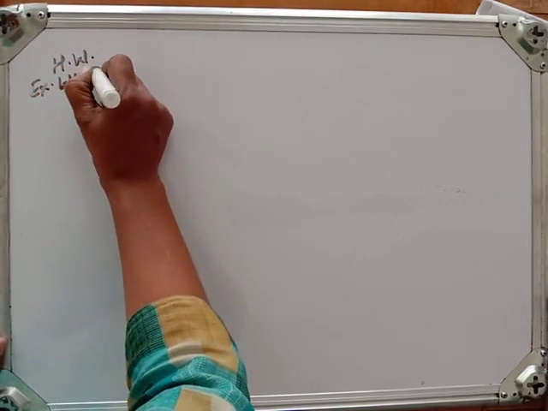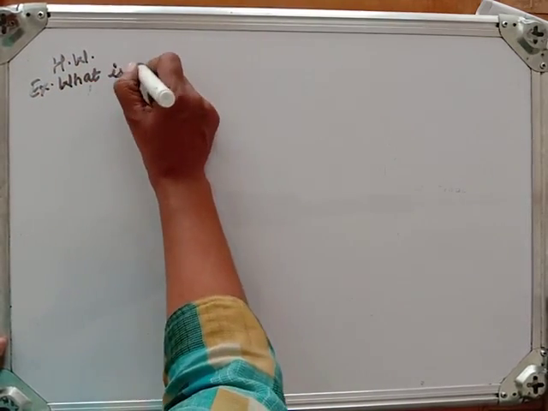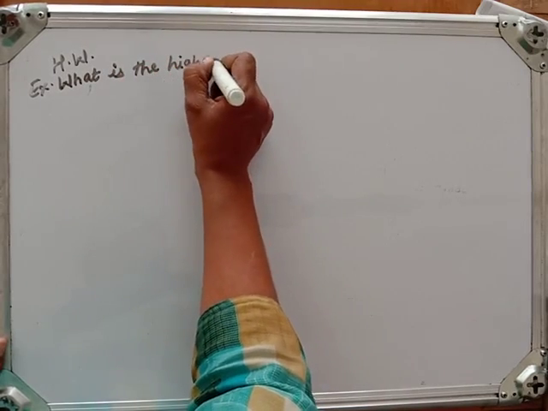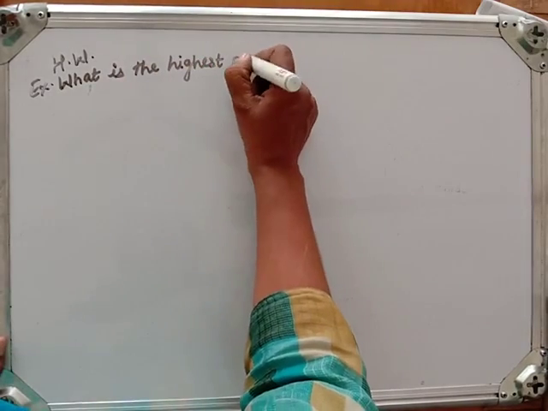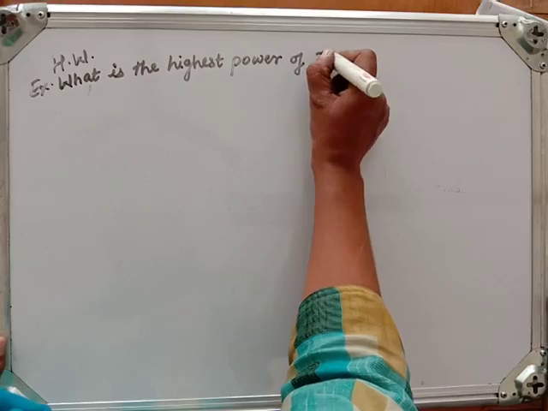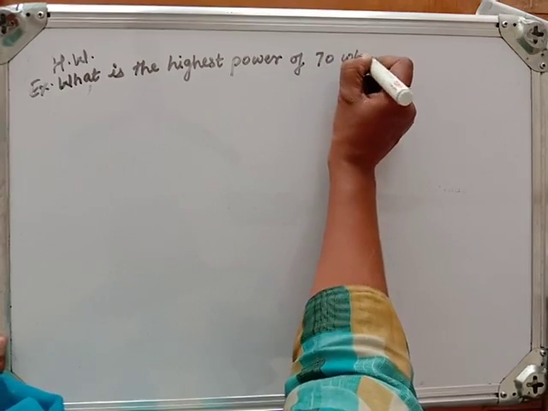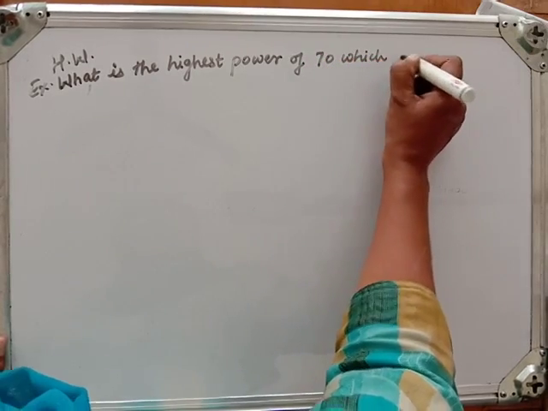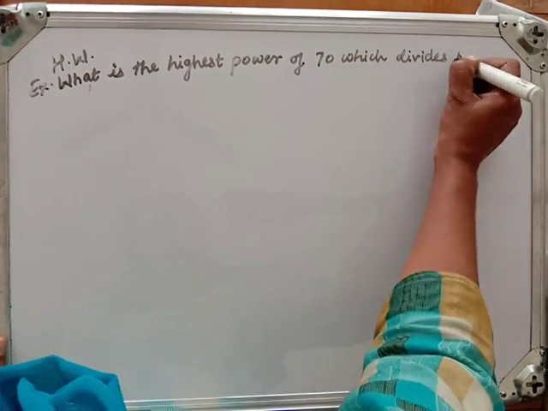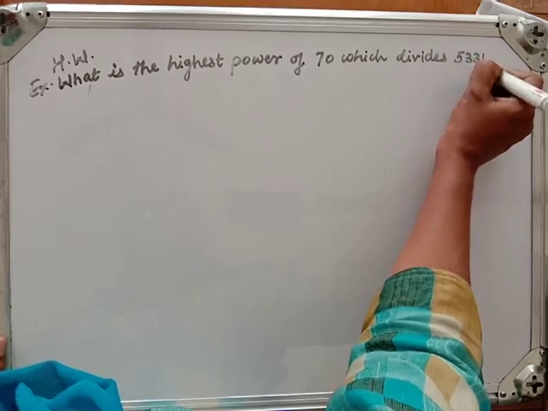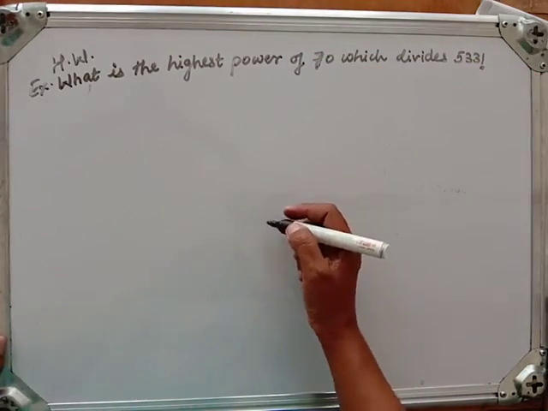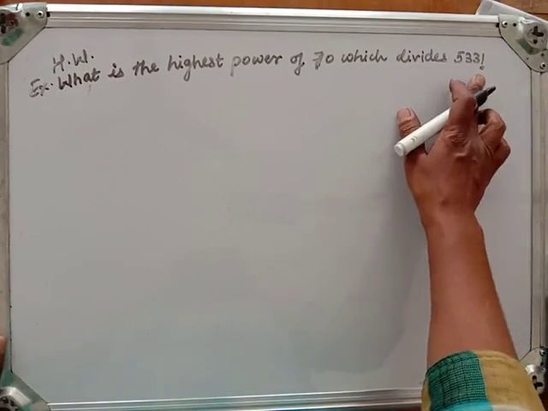What is the highest power of 70 which divides 533 factorial? 70 I am giving, okay, which divides 533 factorial.